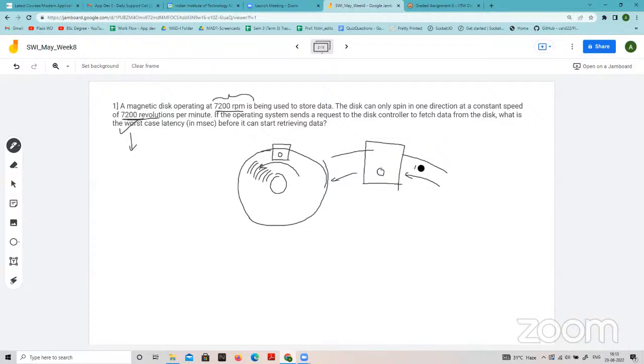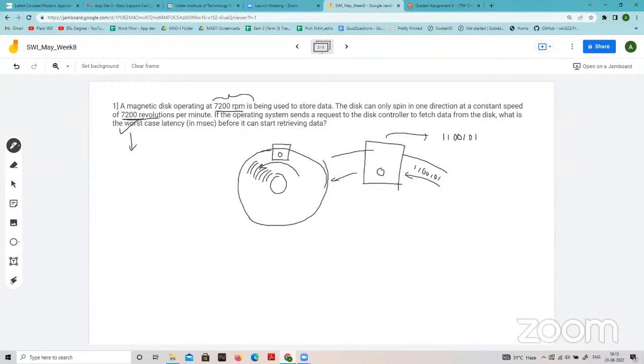So let's say this is 1100101, it will start retrieving like this, right? So 1100101. Let's say this is the instant where this data just entered or just passed through the lens.